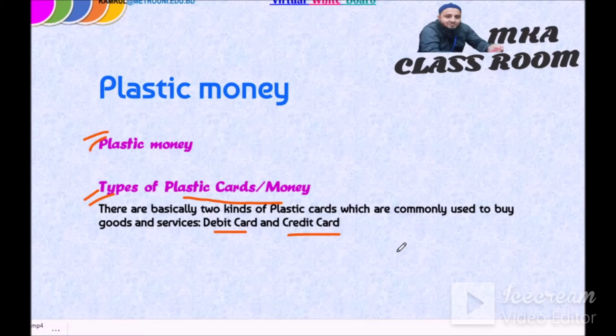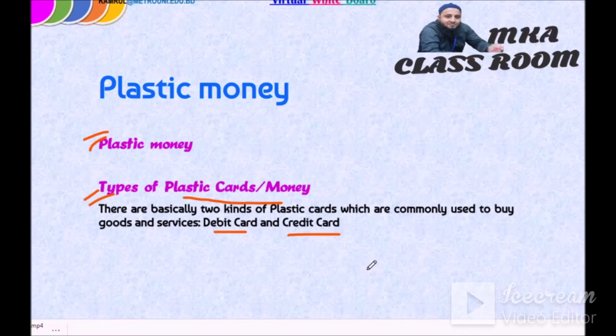But after that, on the basis of uses and transactions, there are several plastic cards or plastic money, but they are also in the category of debit card or credit card. We are trying to define these types of cards by the use of transactions.